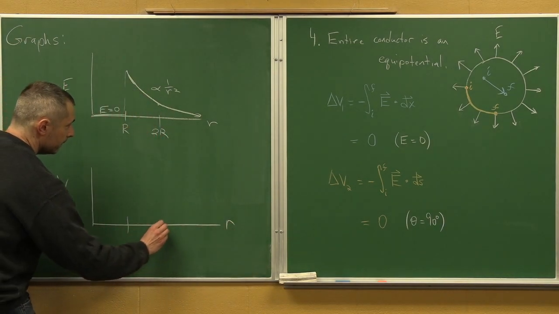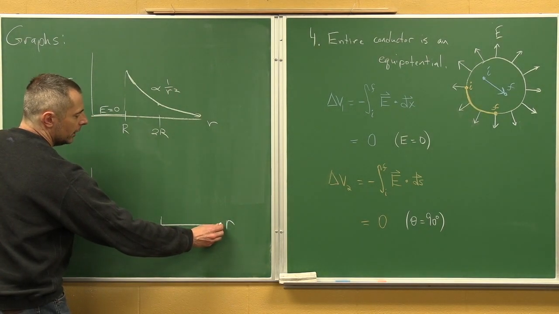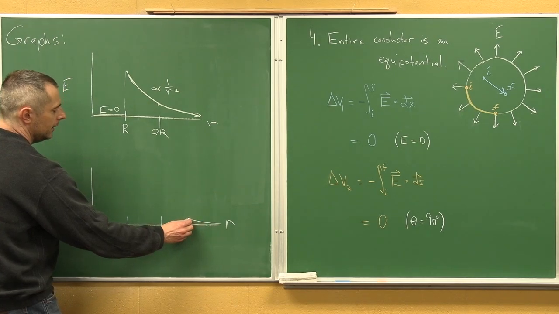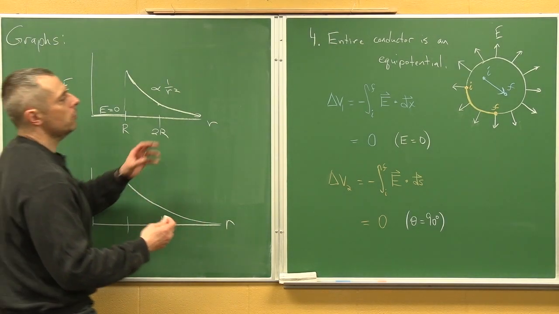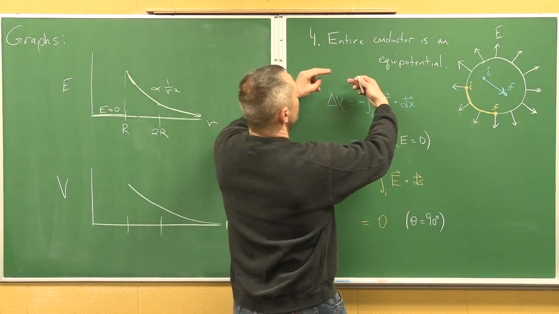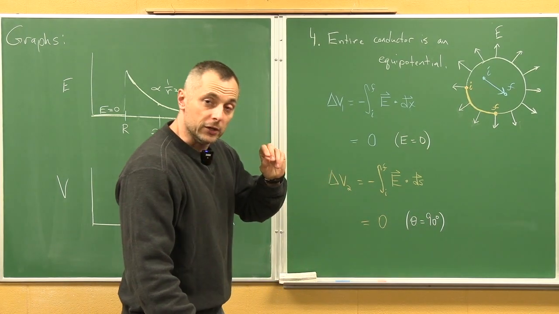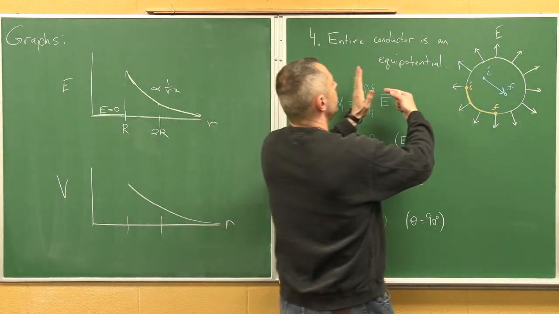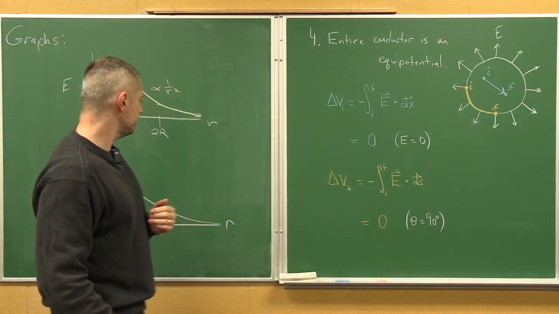So when you're all the way in outer space integrating, there's almost no electric field, so you have almost no voltage. But as you're coming in to the surface, you accumulate more and more electric field as you're integrating against the electric field. You're getting more and more positive voltage because you're going uphill of the electric field. You're like lifting the charge against the electric field where it wants to go.